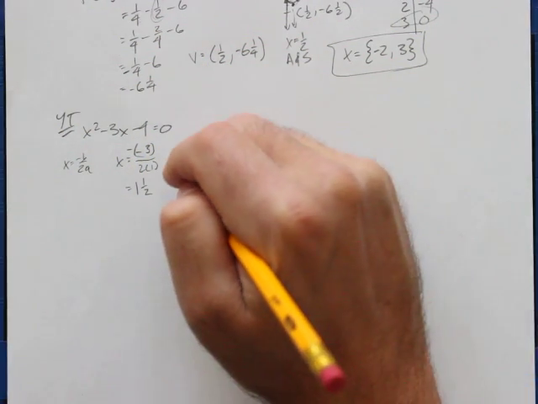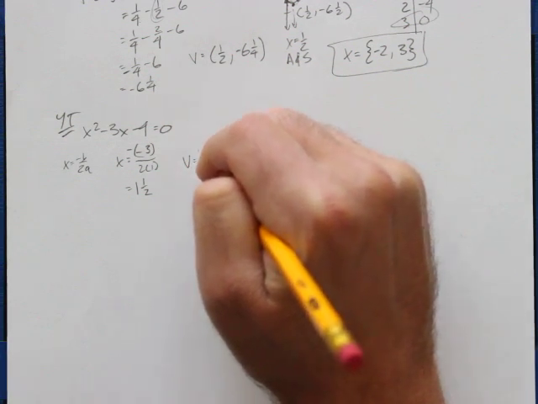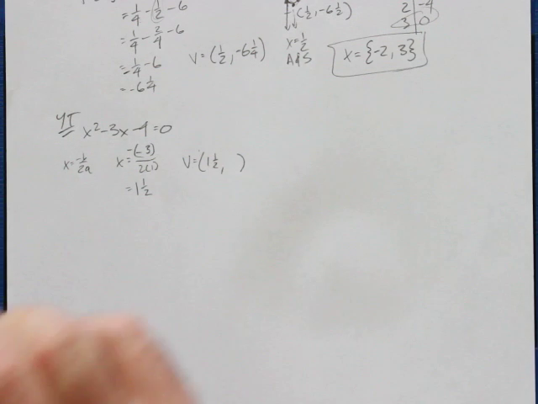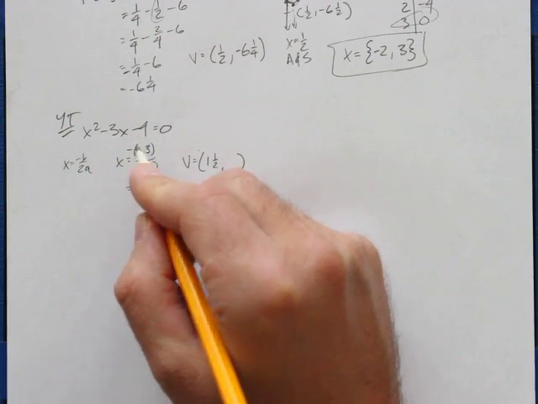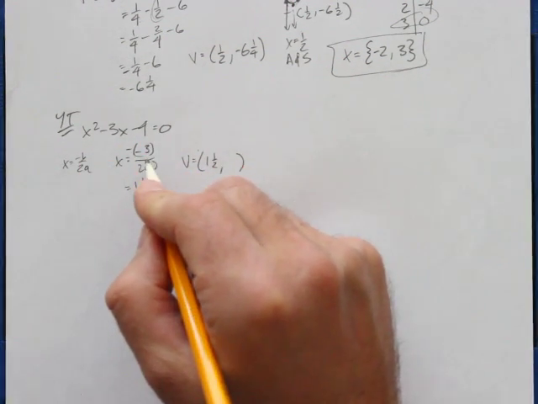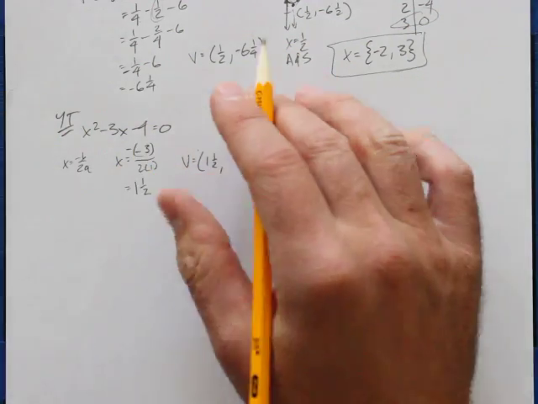So my vertex is going to be 1 and 1/2, something. Ew, goodness. All right. So 3/2, I'm going to plug 3/2 back in here. I'm just going to leave it as 3/2 when I plug it back in because it's a little bit easier to do some of these computations.